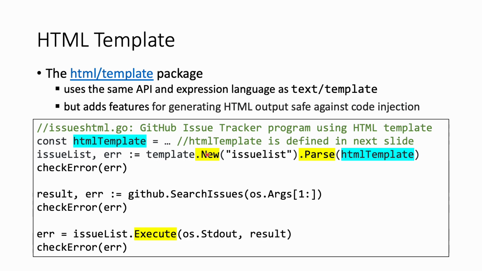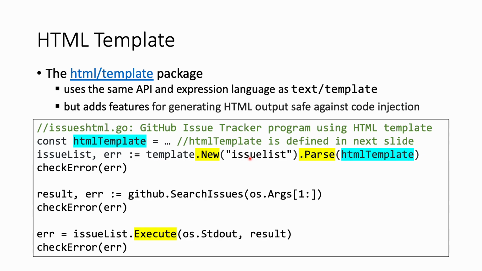Then we call function new of the HTML/template package to create a new template object named issuesList, and then call function parse on that template object to parse the given HTML template. Here we skip the call to function funcs because we don't need it.